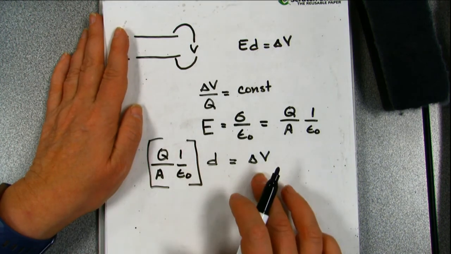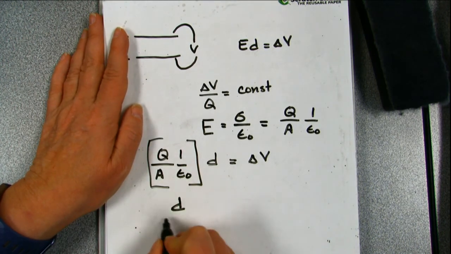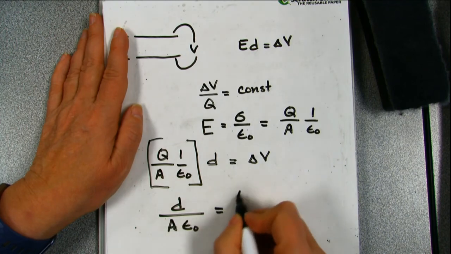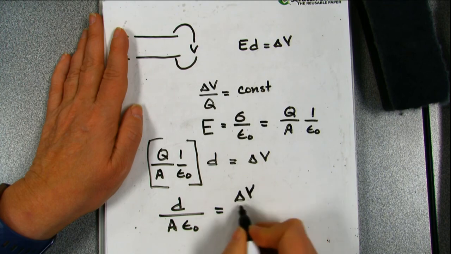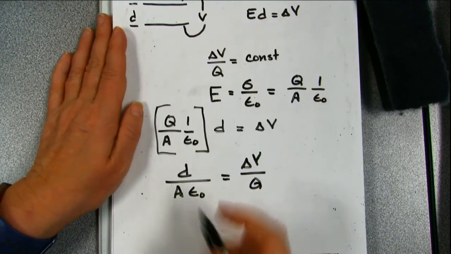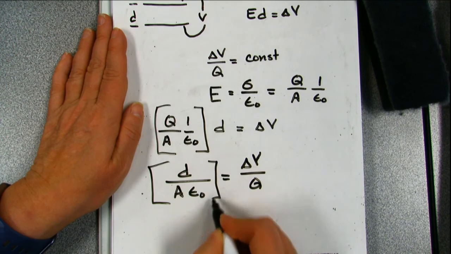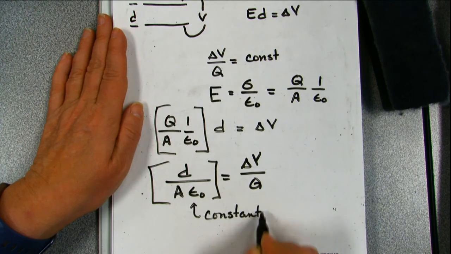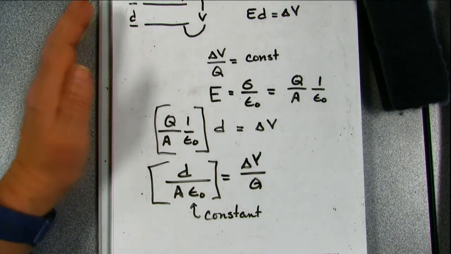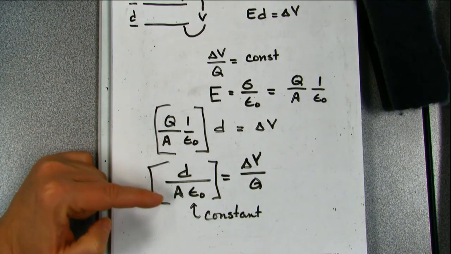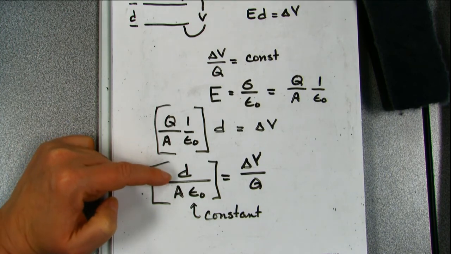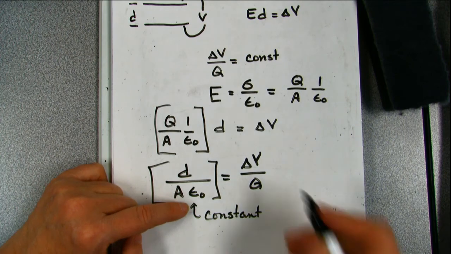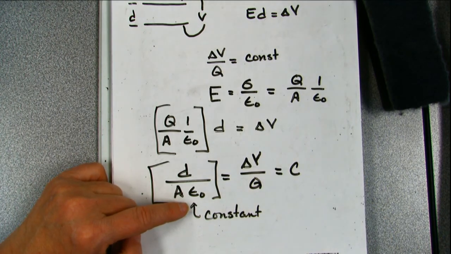I'm going to take the Q over here, so now I've got d over A epsilon is equal to my change in potential over Q. This is the value of my constant for my device. So if I'm doing parallel plates, I know the area of my plates, I know the separation apart, and I know the permittivity of free space, and we've already defined this as capacitance.